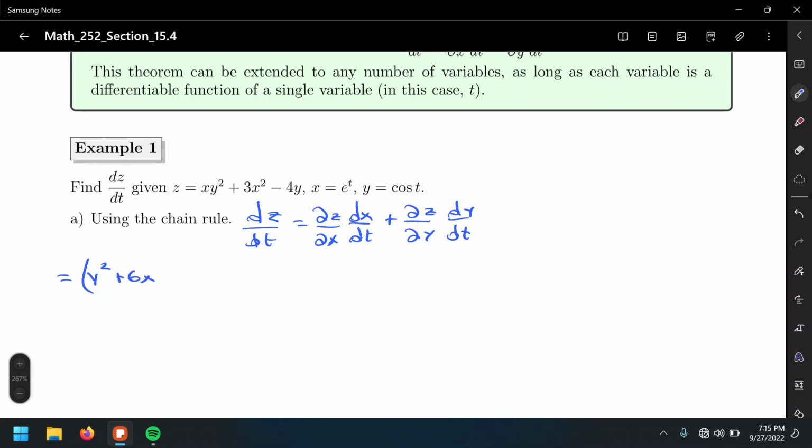And the derivative of the last term, negative 4y, with respect to x, that'll be 0. So let's close parentheses to multiply by the derivative of the function x, which I'm going to highlight with red.